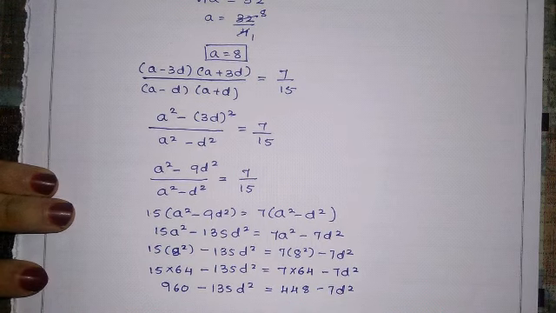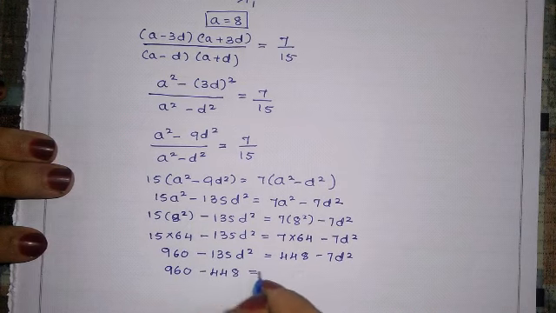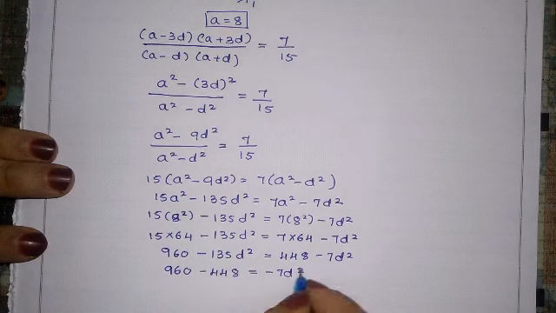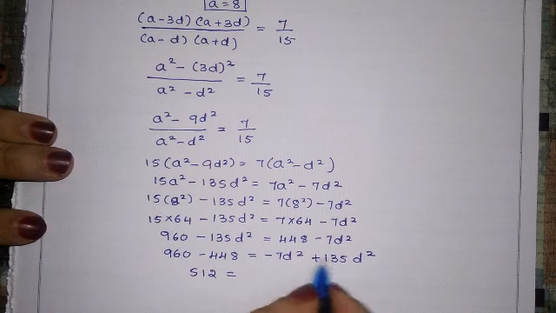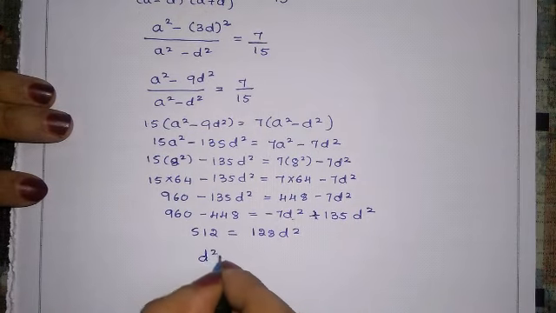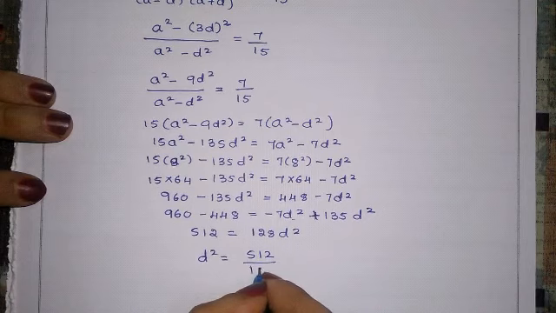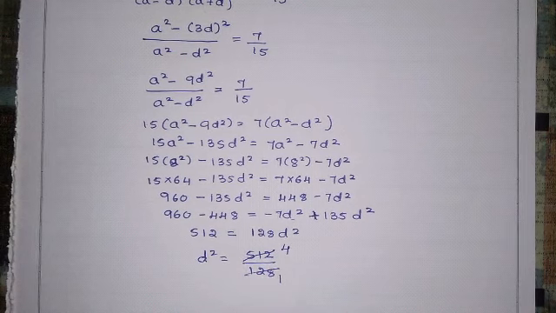The d terms we will bring to one side and the numbers to one side. 960 − 448 is equal to −7d² + 135d². Minus 135d² when brought to this side becomes plus. 960 − 448 gives 512, equals 135 − 7, which is 128d². Now d² is equal to 512 upon 128. 128 ones are 128, 128 fours are 512.